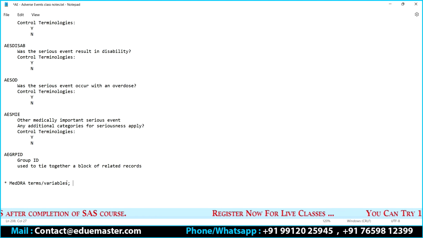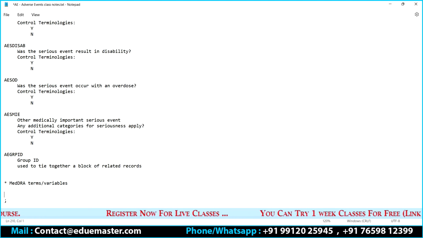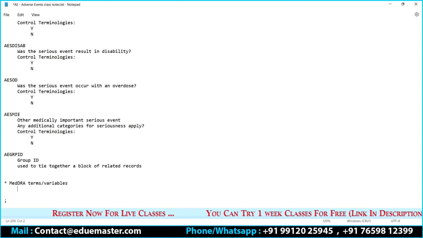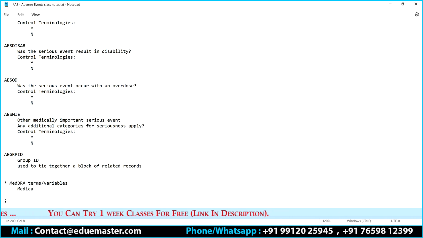Wonderful. Yes, obviously it is going to be the dictionary. What is the dictionary? Any idea? So by default, MED stands for medical. So it is going to be a medical dictionary. Even in the demographics domain, we discussed this, and there we also talked about the relevant synonyms.